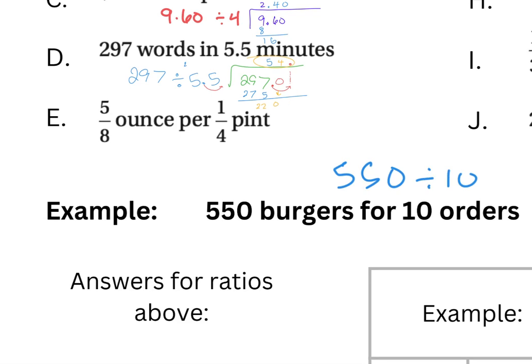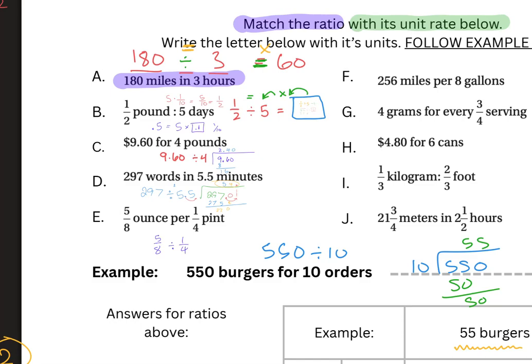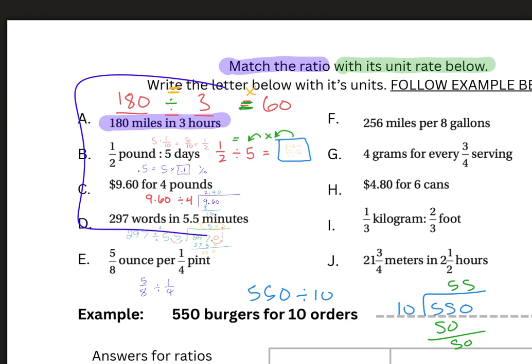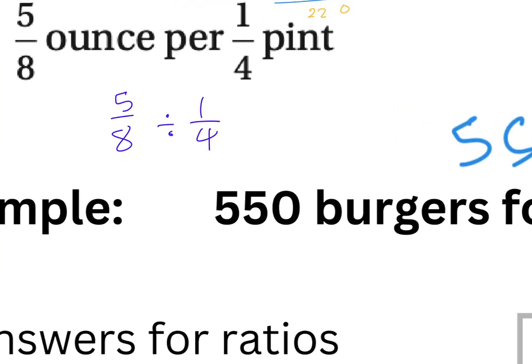This is one that people might have been really freaked out because they're like, oh no, I've got fractions and fractions. But if you've been following the pattern, you guys, it's 5/8 divided by 1/4 because of how we've done all of those, okay? So 5/8 divided by 1/4, we will keep, we will change, we will flip, and you get 20/8.